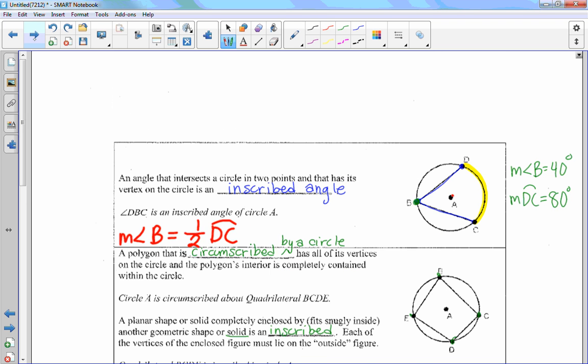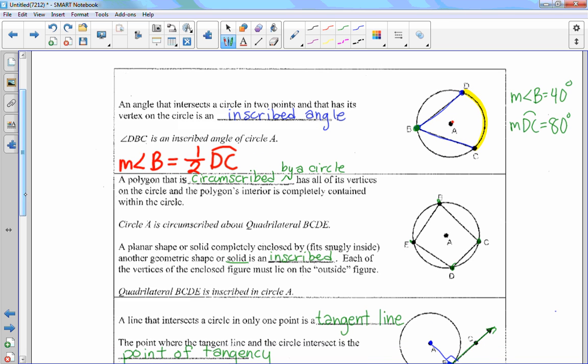Now, on the second page, we look at a different angle. When the vertex moved, and it was over here, at B, and if angle B was 60, what's the measurement of its arc? Twice, so if it's 60, then twice 60 is 120.